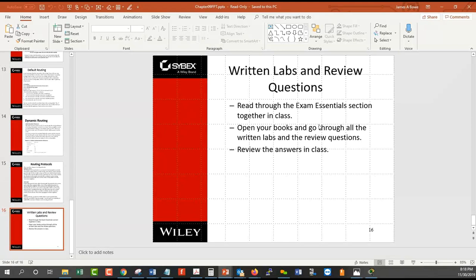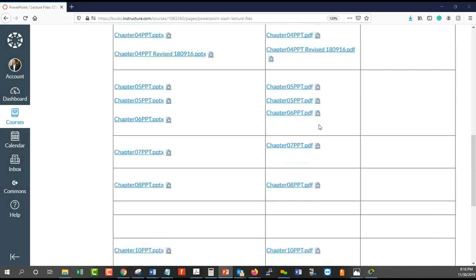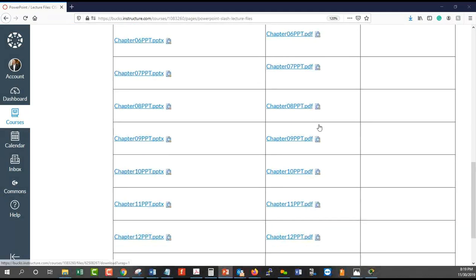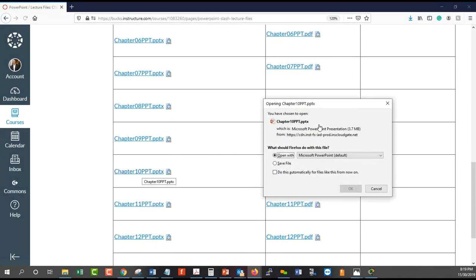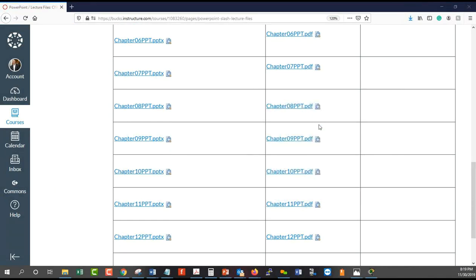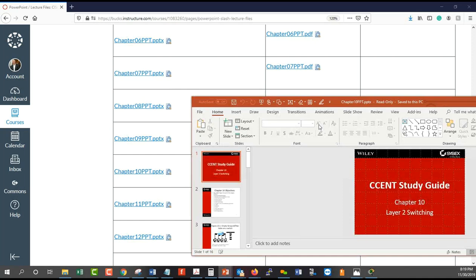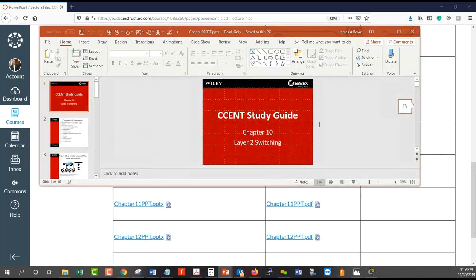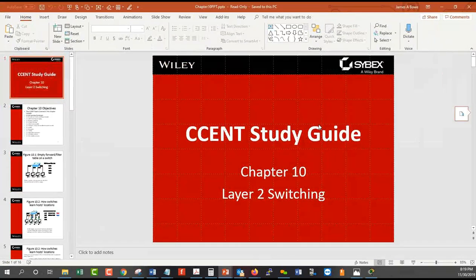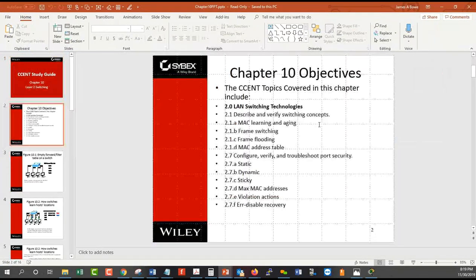Okay. Last chapter, chapter 10. So layer 2 switching.